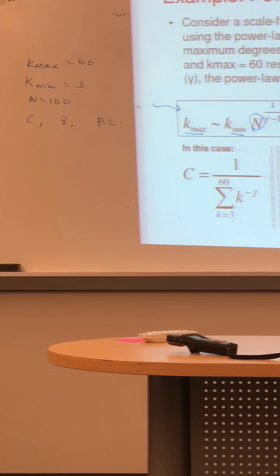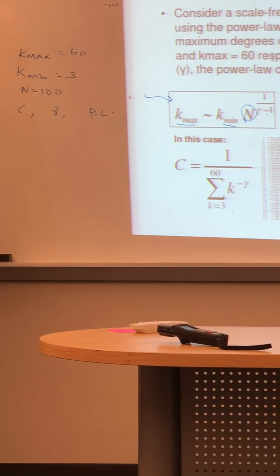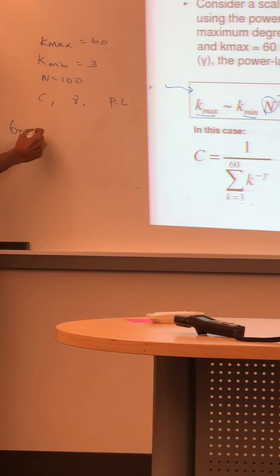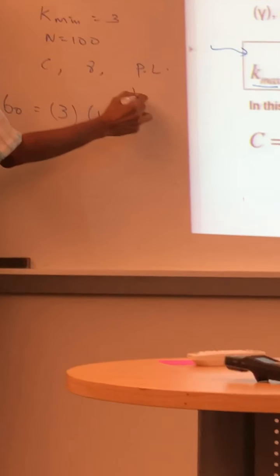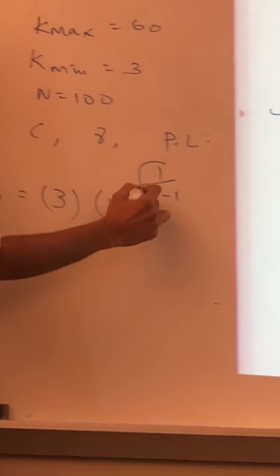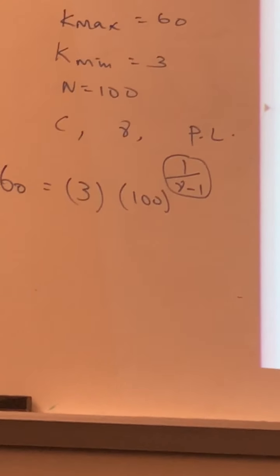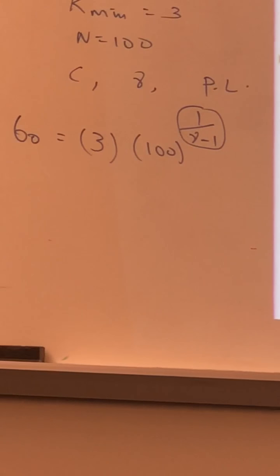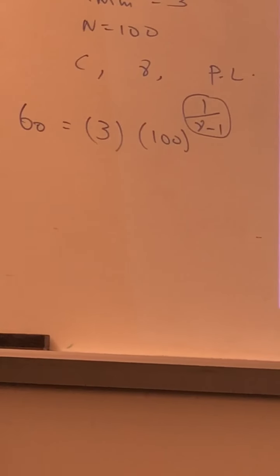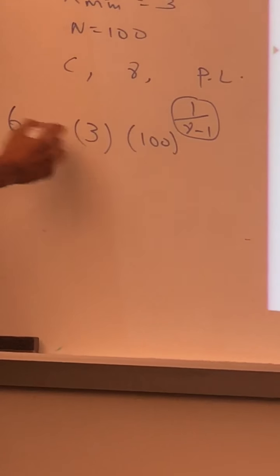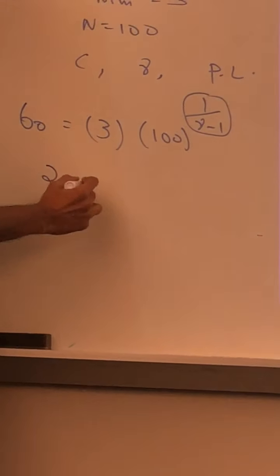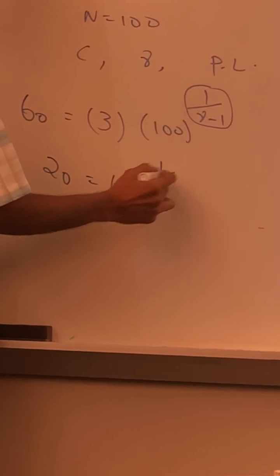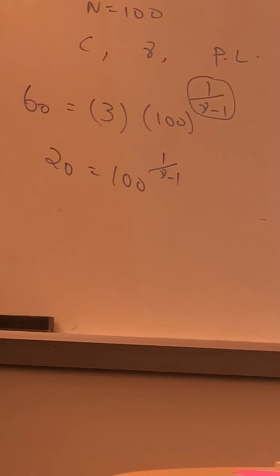Even though gamma is an exponent, we should know how to solve this. So let us do that. 60 is K max, 3 is K min, 100 is n, raised to 1 over gamma minus 1. So how do you solve for gamma? Using the logarithm. 60 over 3 is 20, equal to 100 raised to 1 over gamma minus 1.